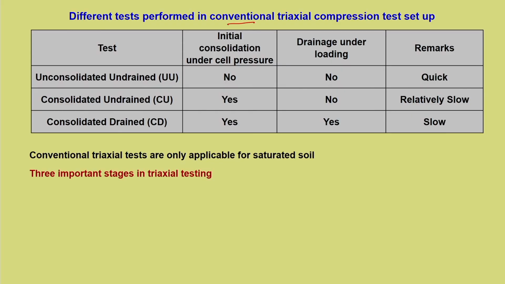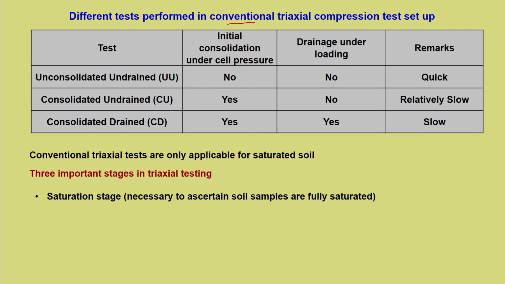The three important stages in triaxial testing. The first one is the saturation stage. We need to ascertain that the soil samples are fully saturated. If the samples are not fully saturated, we need to perform saturation. We draw the sample from the field for determination of shear strength, and mostly these samples will be undisturbed.